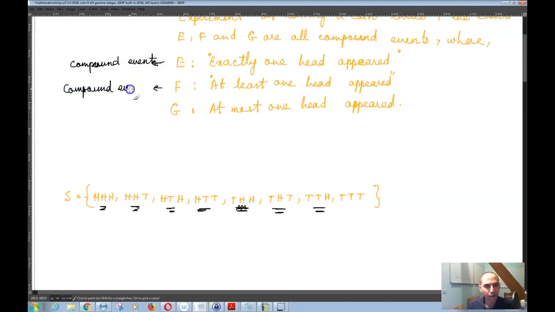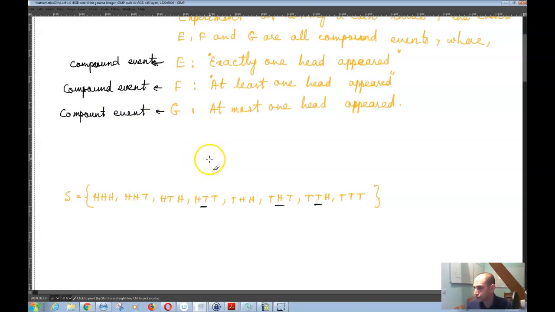Or suppose you say at most one head appeared. At most one head would be, for example, this one or this one or this one. So again, this would be called a compound event.